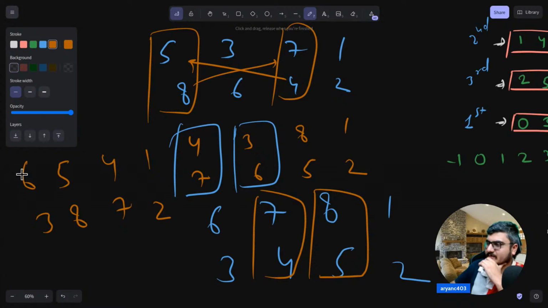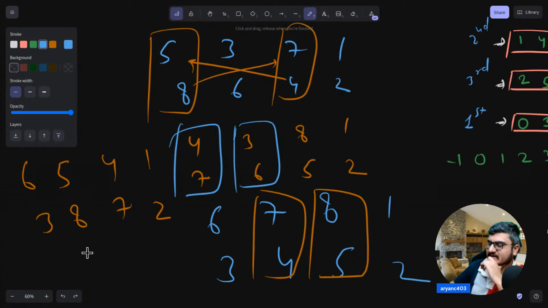Then we do an operation here. Now let's do an operation between these. This 5 8 is 5 8 here.